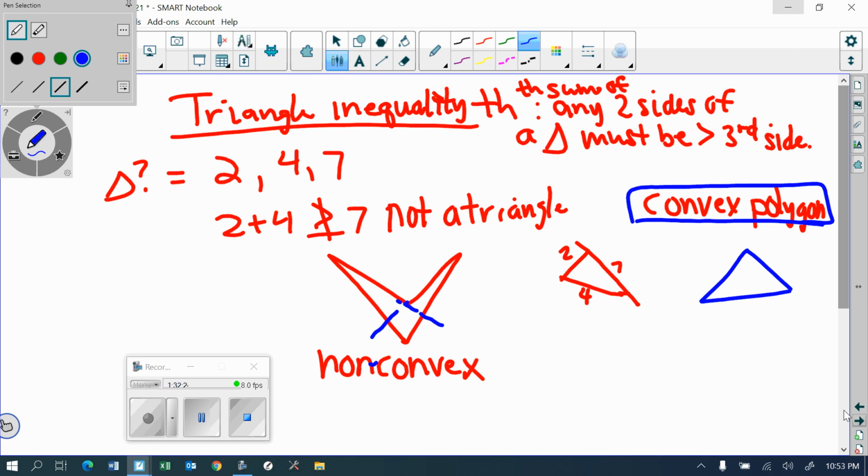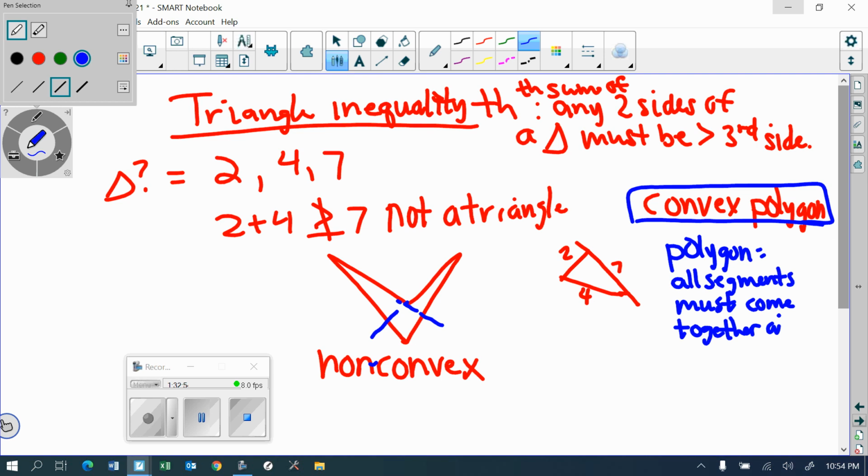All right, so the definition of a polygon is that the segments, the 3 segments, that's 2, 4, and 7, polygon definition is all segments must come together at endpoints only.